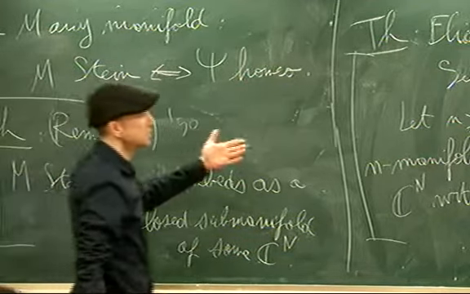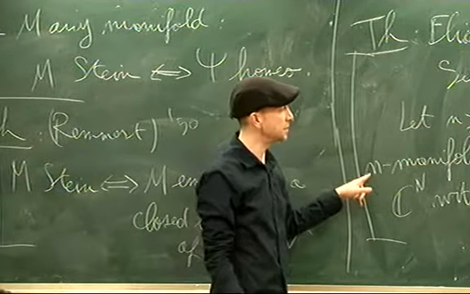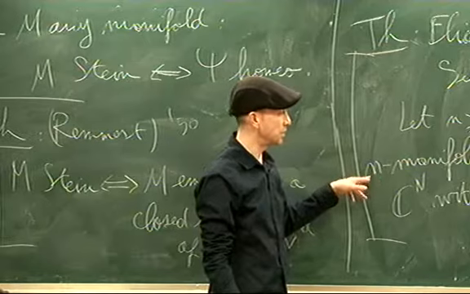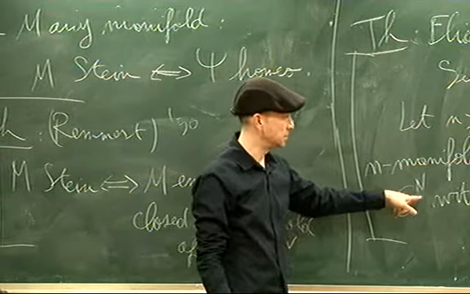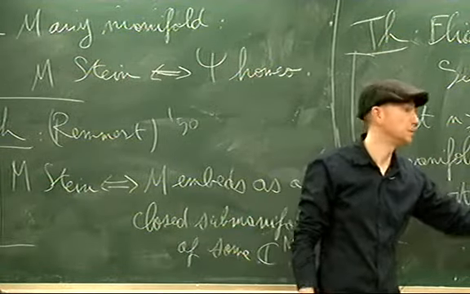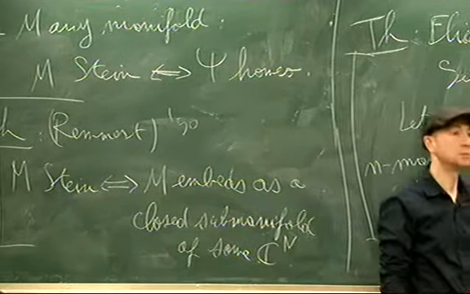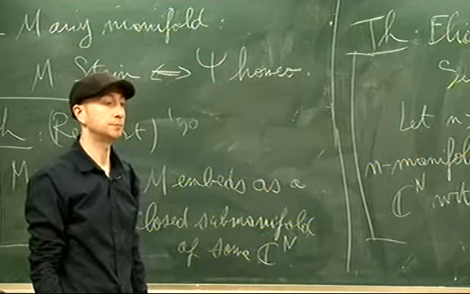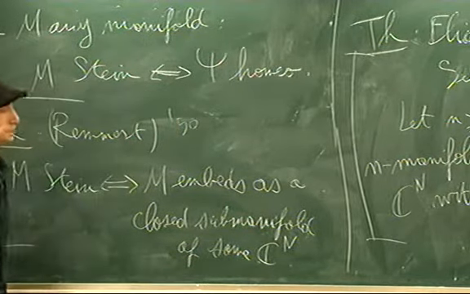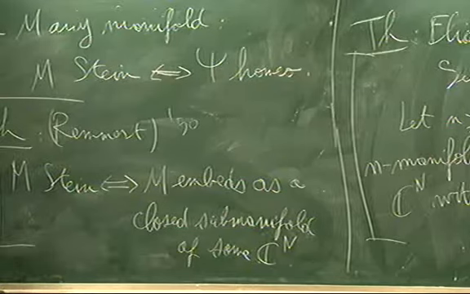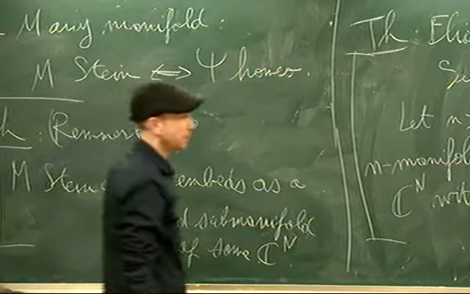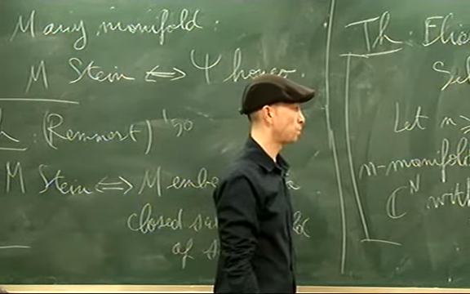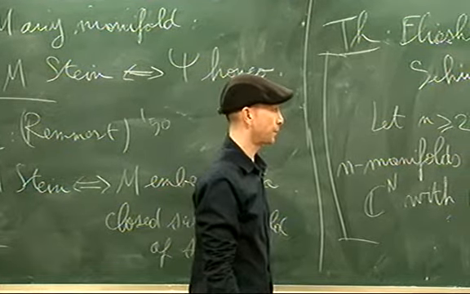For each n, there exists a Stein manifold of dimension n that embeds in C to this power, but does not embed in C to this power. This is what I mean by optimal. What would be that kind of manifold? I don't know.